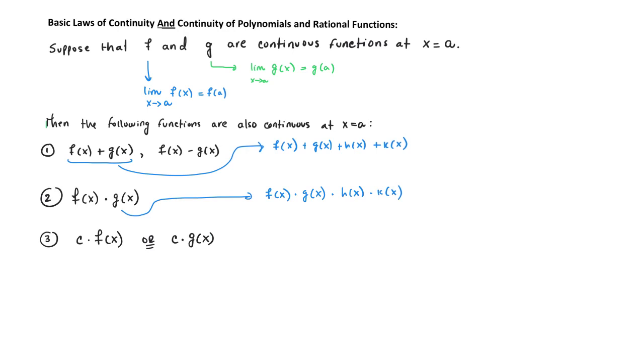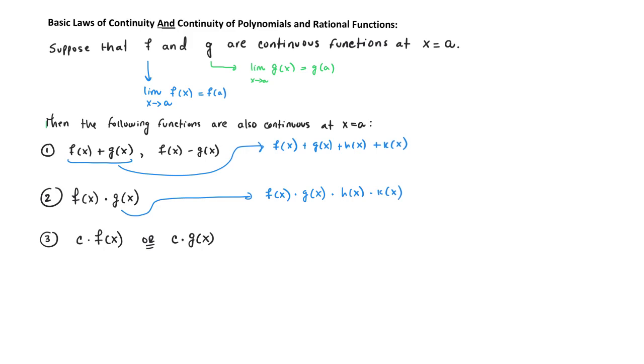The point is that if I take a continuous function and I multiply by any number, a simple number that doesn't involve a variable, that's why it's a numerical coefficient, something like 3, like 4, like minus pi, then the new function that I obtain will continue being continuous at x equals a. Similarly, c times g of x will remain continuous.